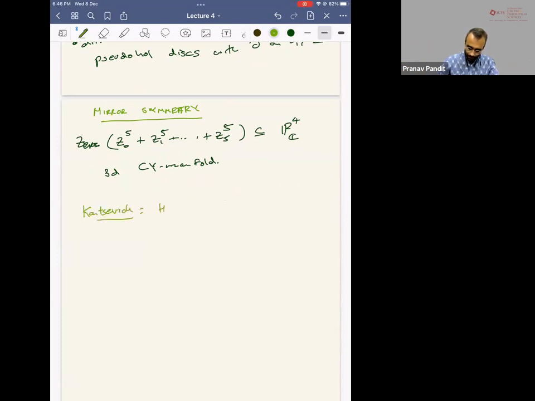homological mirror symmetry, where you make the following definition.